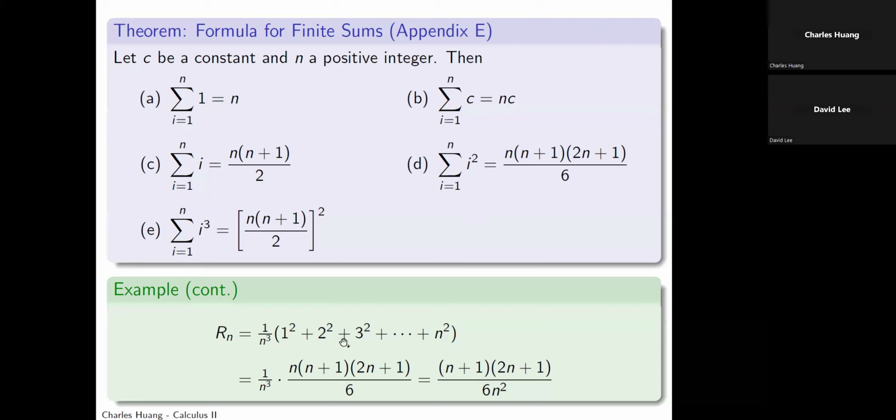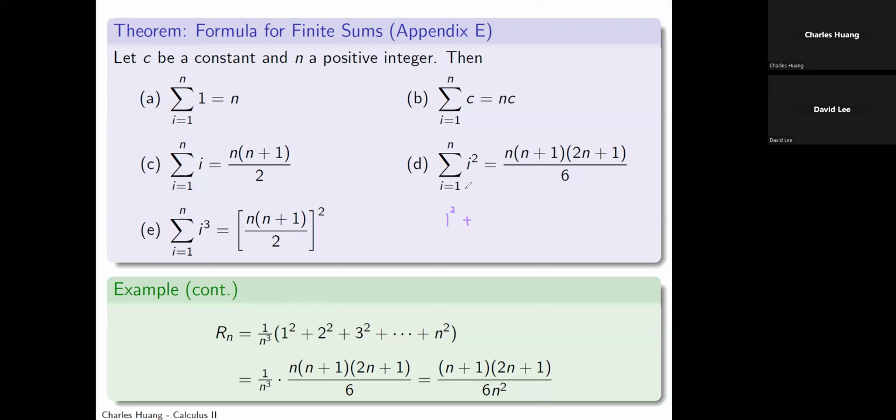Now, the one that we have is 1 squared plus 2 squared plus 3 squared all the way up to n squared. That's this one over here. This means I have something squared, and that something starts from 1, so 1, then 2, then 3, then 4, all the way up to n. And we're going to add them all up with the sum symbol. So this means substitute 1 in here, 1 squared, and then add, because this summation mark means to add.